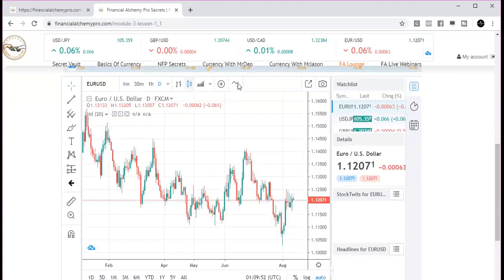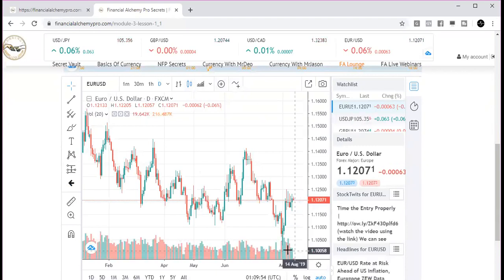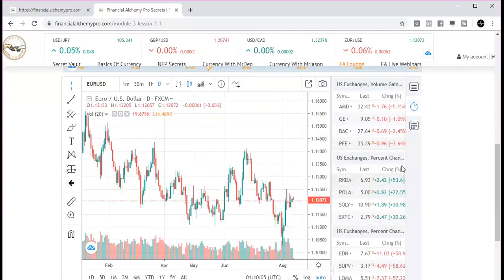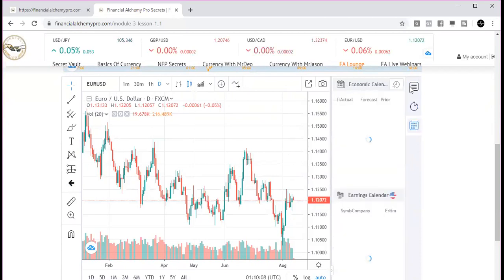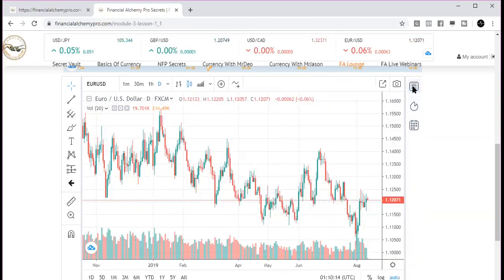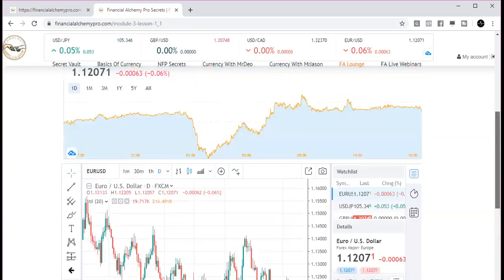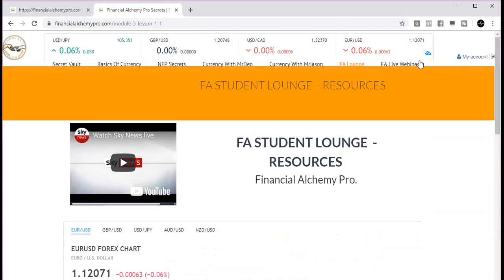You see these little bars down here? You know what, I'm going to go directly to Trading View and show you.